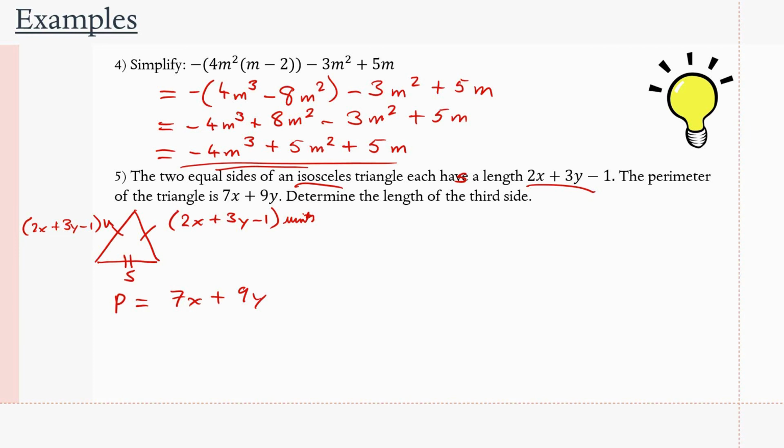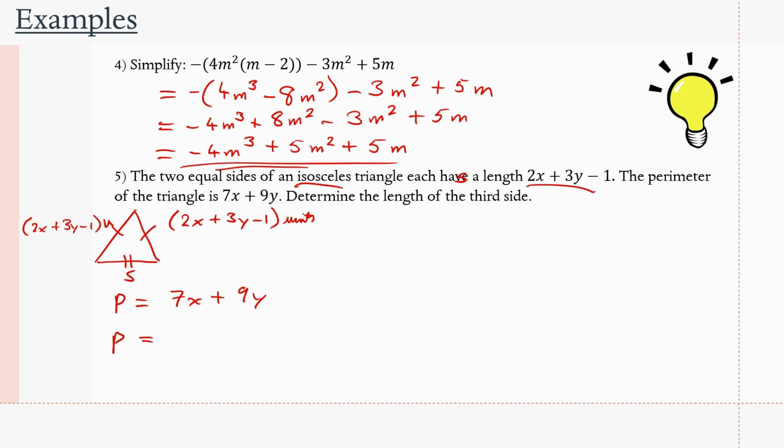Okay, so how do we do this? Well, we need to find ourselves two equations, and using those equations, we can substitute and find the length of the third side. So we have this first equation, which is the length of the perimeter. But what's also the perimeter of the isosceles triangle?